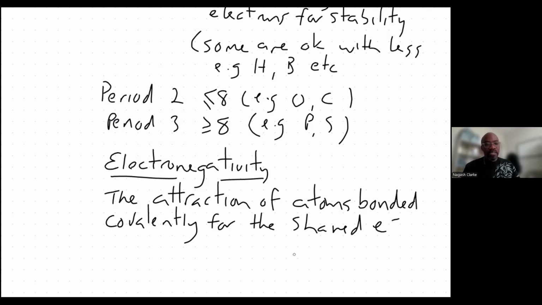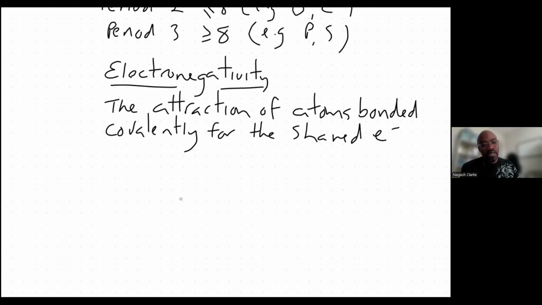So what we mean is, if we take an O and an H bond, a very popular bond, oxygen is more electronegative, so the electron density is going to be more dense around oxygen compared to hydrogen. So there is a partial negative charge on oxygen and partial positive on hydrogen. This sets the stage for polarity.